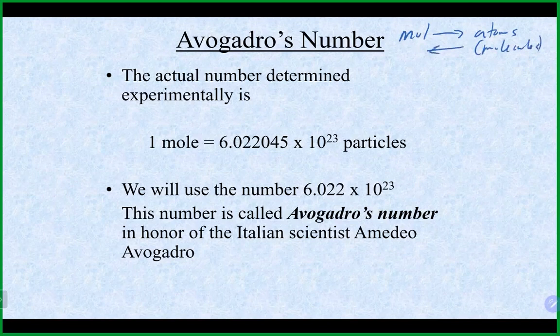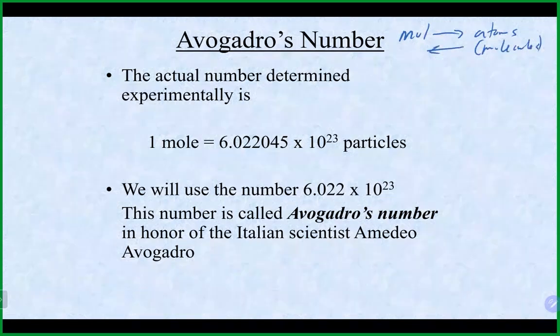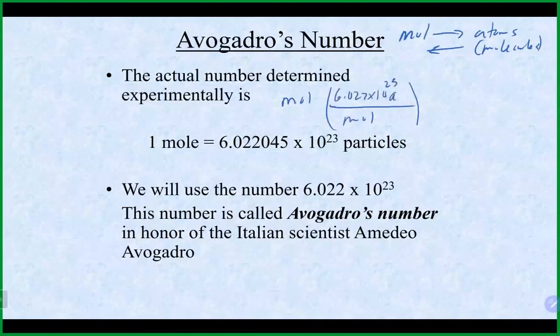And we could use it as a conversion factor like so. Obviously, if you have moles, you would multiply by Avogadro's number, and that would give you atoms. And if you had atoms or molecules, you would divide by Avogadro's number.